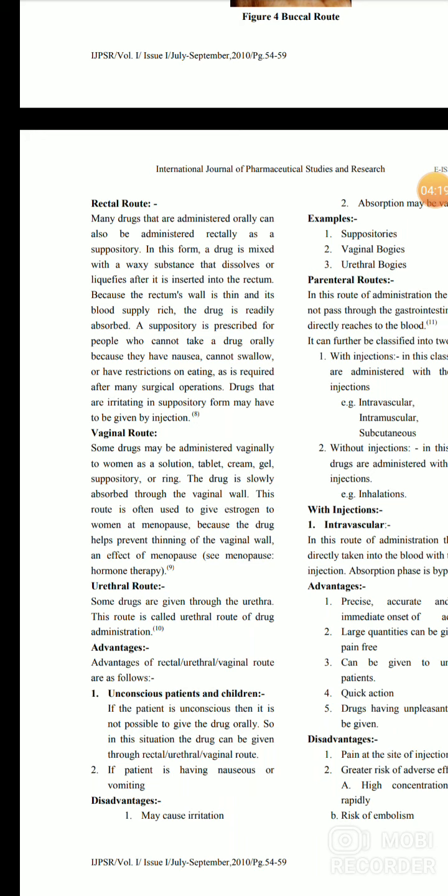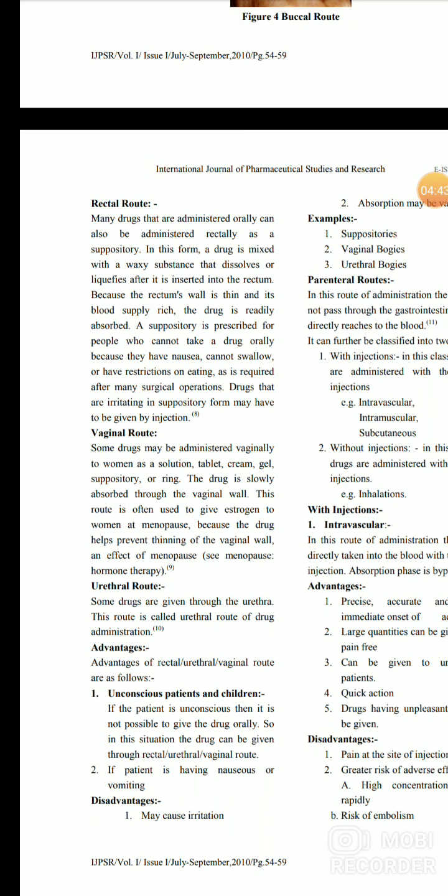Next is the vaginal route. The vaginal route is generally used to deliver drugs like estrogen to women at menopause, or other hormone-related drugs, and generally anti-infectious drugs such as antifungals are given by the vaginal route. Next is the urethral route.